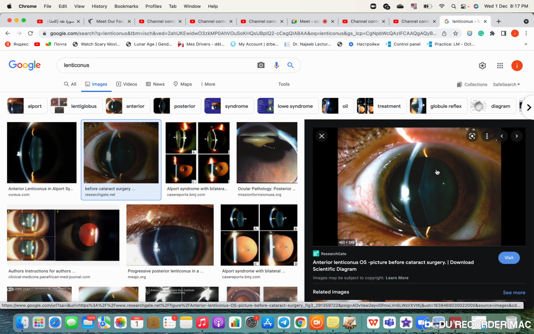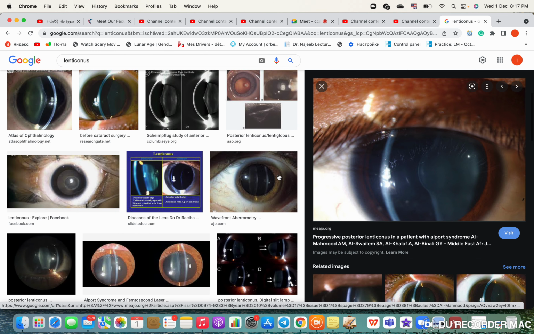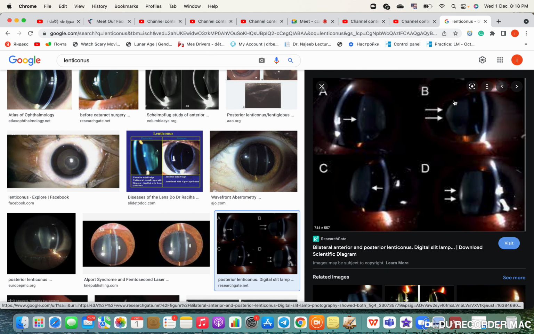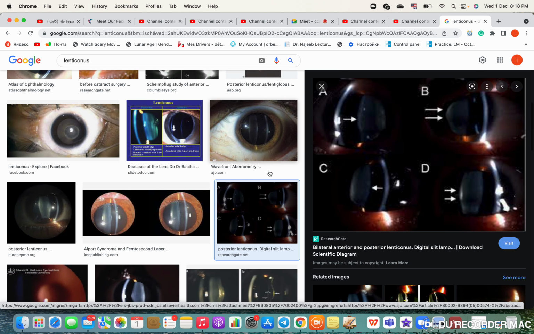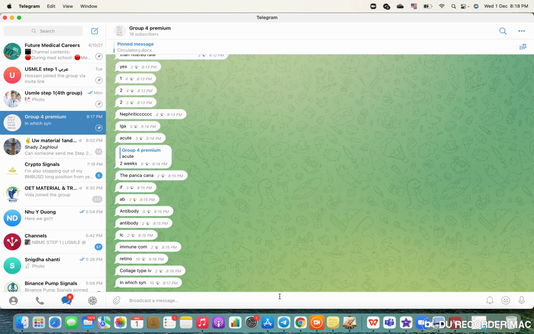So this structure in the background is a little bit tilted. What is this structure? This is the lens, okay? So notice this guy. He can see it. This is the lens, yeah? This is a slit lamp test. So when you look at a slit lamp test, you can see the lens. See? This is the lens, and it's not straight. Basically, this is the pathology.